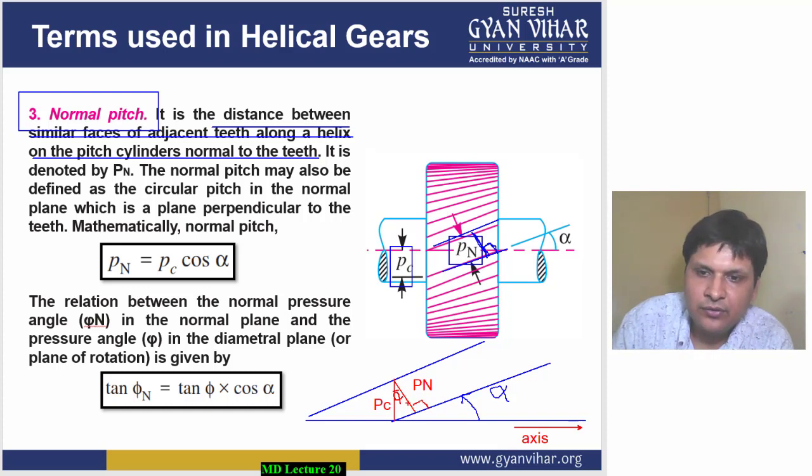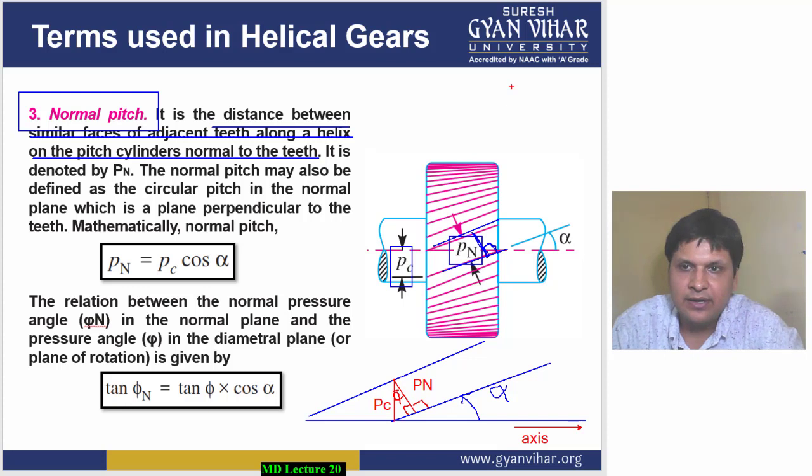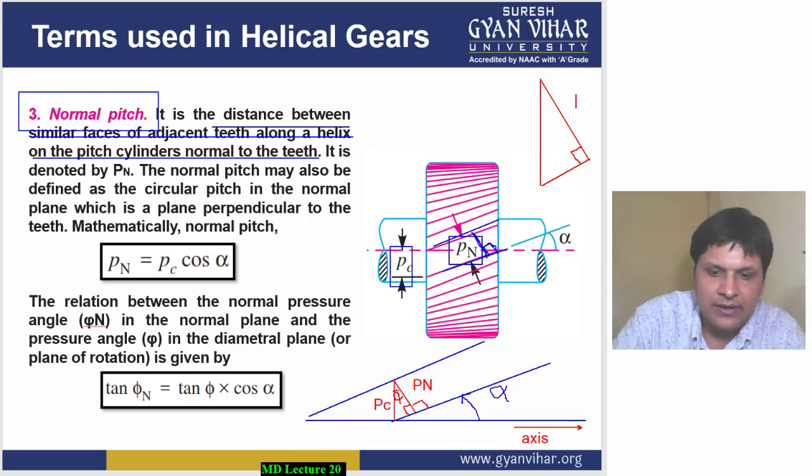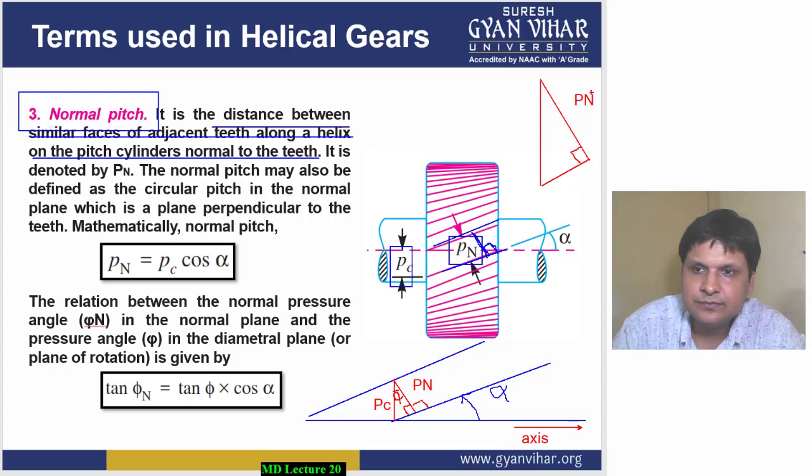Now in this triangle, where this angle is 90 degrees, let me zoom it so that you can understand it in a better way. The diagram is in this way. This angle is 90 degrees, this value is Pn and this value is Pc, and this angle is your alpha.